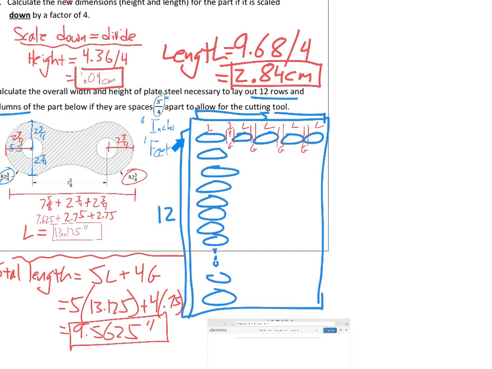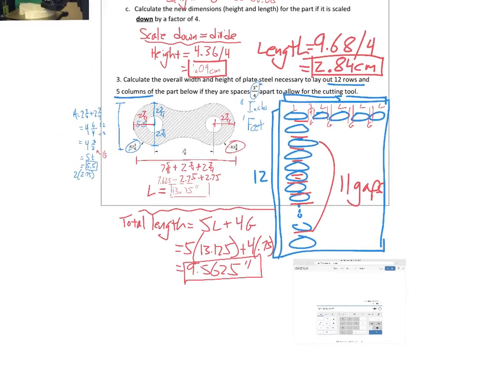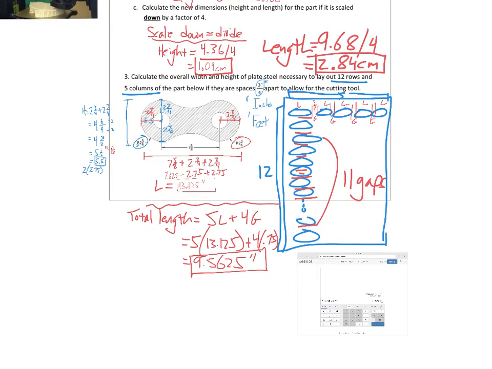What about the height? Well, we have 12 parts, and so we have 12 of the heights, and then how many gaps do we have? Well, notice that the gaps are below each one, except there's no gap down here at the end. So we have 12 parts, but there's only a gap under 11 of them. So there's 11 gaps, or 11 spaces, all right? So we have 12 parts plus 11 gaps.